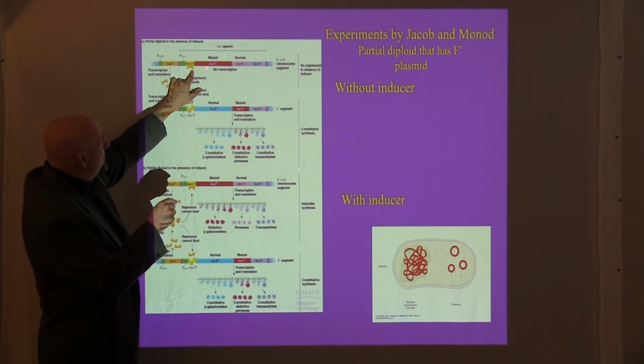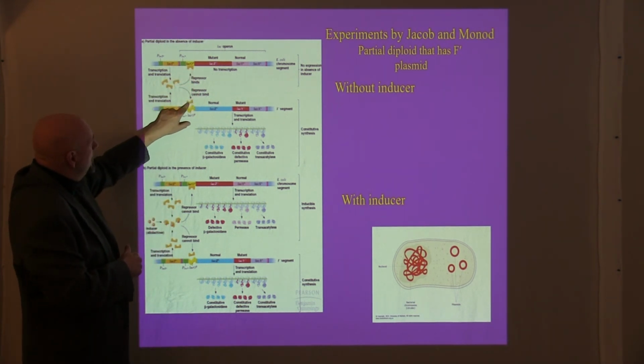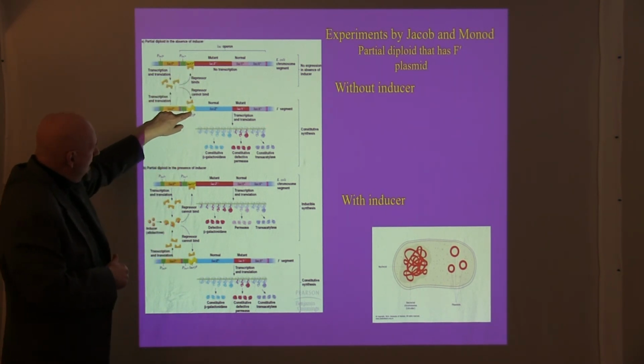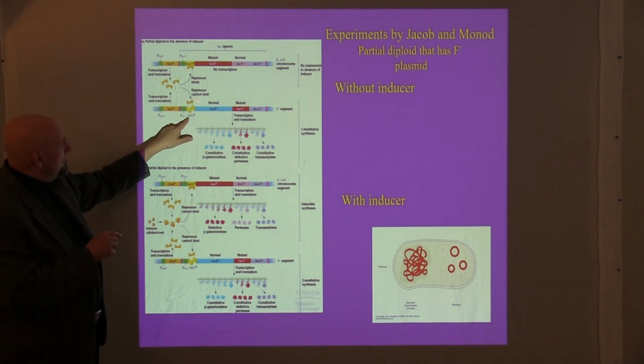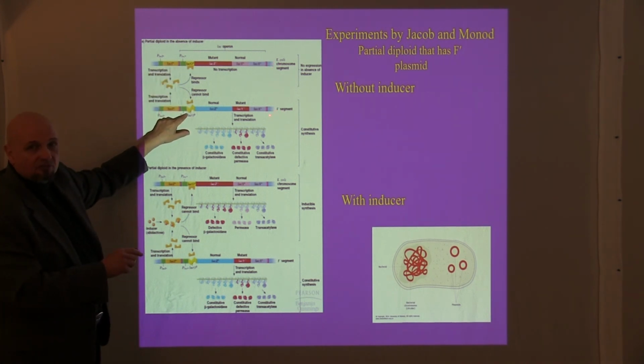They knew that they didn't get this at all. And so when they added the allolactose, then that would cause this to be expressed, but they also created a mutation in this controlling site so that the repressor couldn't bind to this. So in the absence of the inducer, this particular operon system is off, and this particular operon system is on.